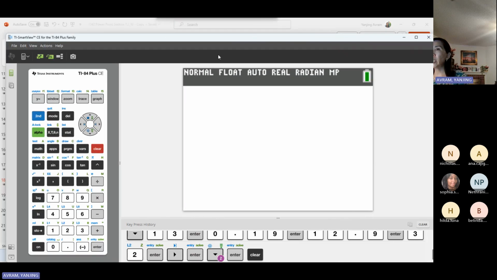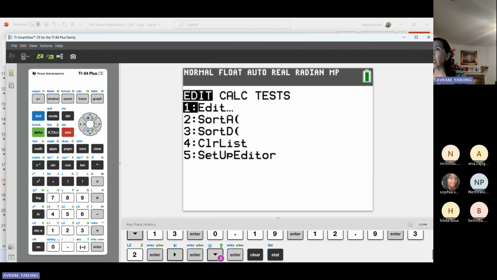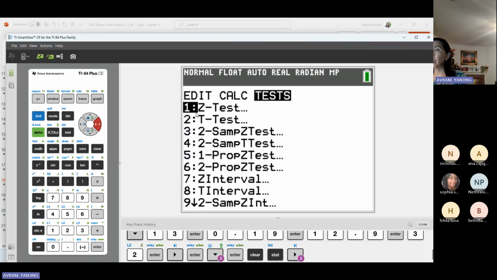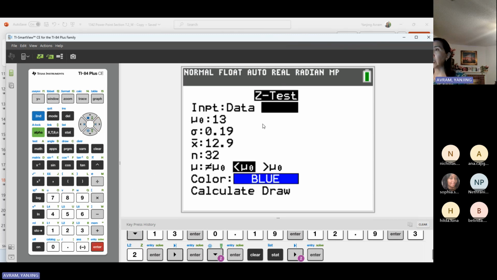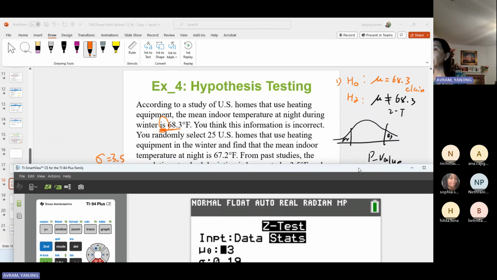Okay, so again, we go to STAT, go to TESTS, and we already decided that it is a z-test. Same thing, you go to Stats. If you have a list of data, you can input it into L1 and use Data, right? But this one, since we already know the mean, we're going to use Stats in here.